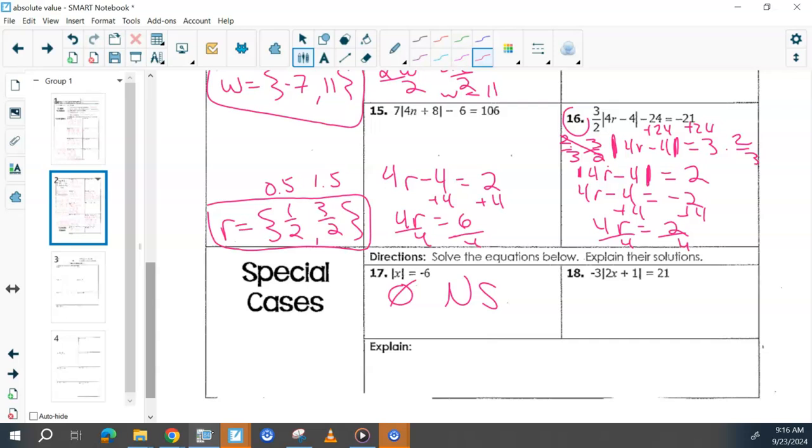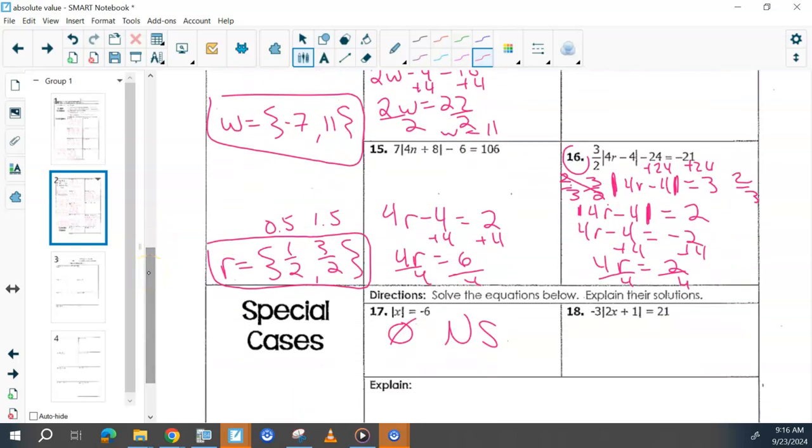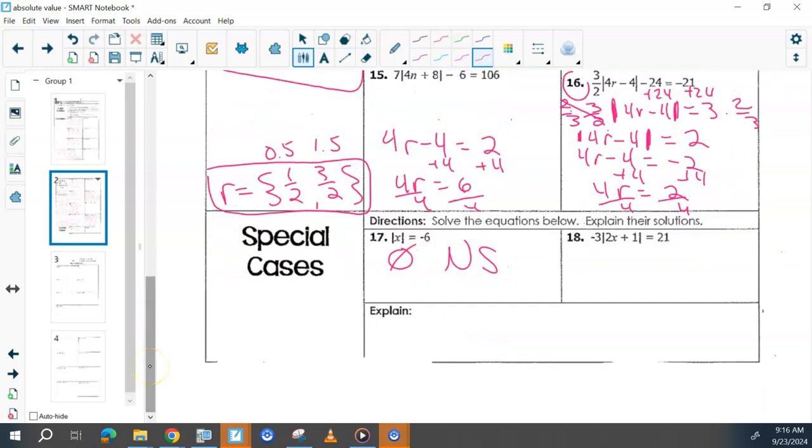Now you may get some equations that have negative parts in it, or maybe it does start off with a negative, so like in 16 it had a negative, but as we were isolating, it became a positive. That's okay. But if you start off and this part is isolated and you equal a negative, you cannot do that. That's no solution. But solve it regardless, because maybe you won't know until you get there.